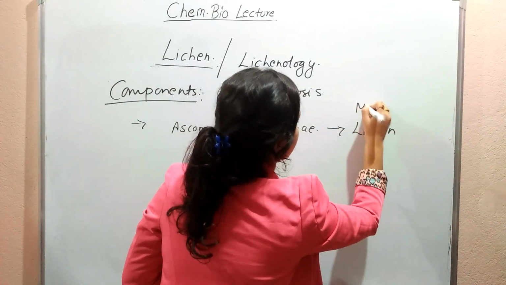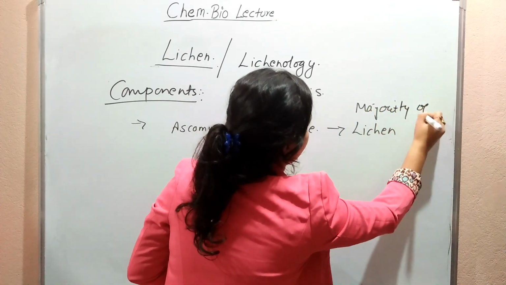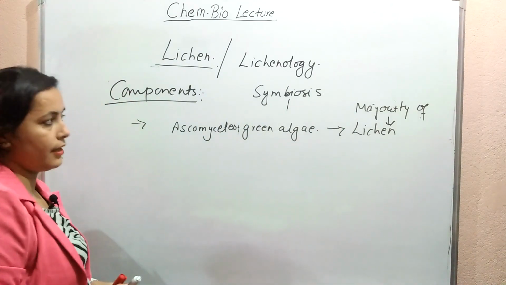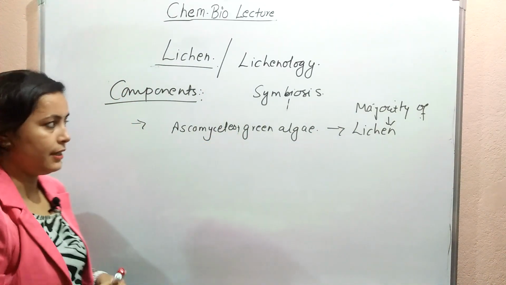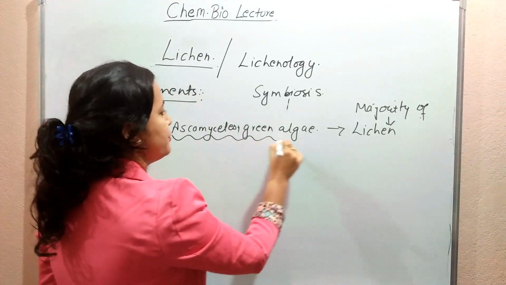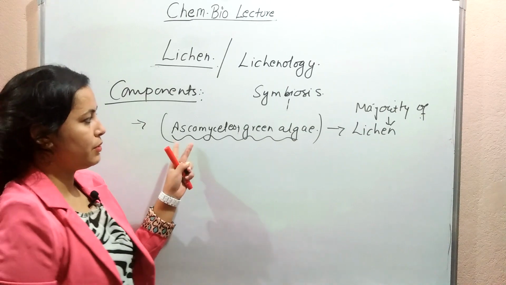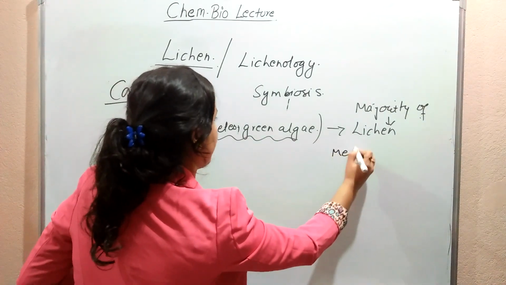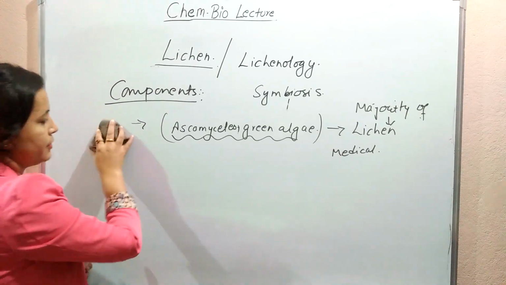So the majority of lichen is the association of ascomycetes and green algae. By changing the options, this was asked one time in a medical exam. So I guess that you will pay more attention to this kind of thing.